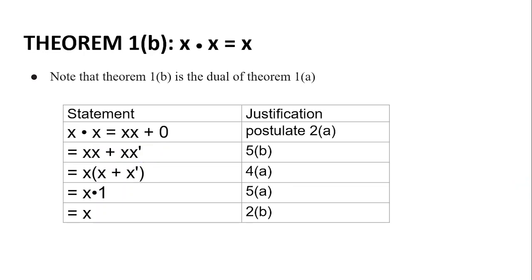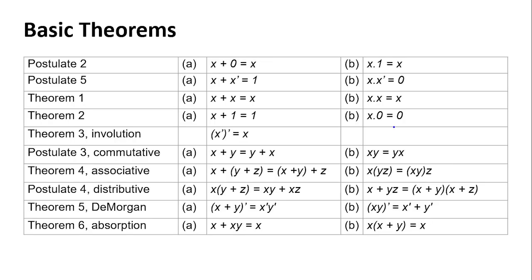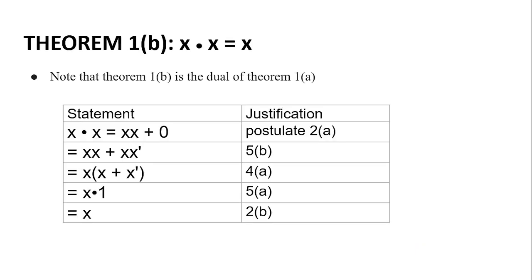That is also possible, but let's go with the fourth postulate. When you look at this postulate, x plus y and x plus z is equal to x plus yz. And that is what you are doing here.